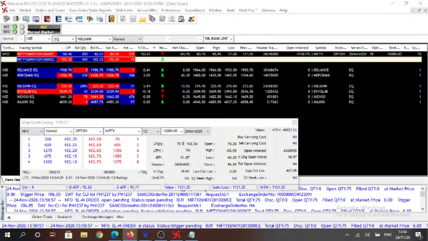Let's see if we get triggered now at day's high. We must have been triggered. Yep, we have been triggered at 105.95.